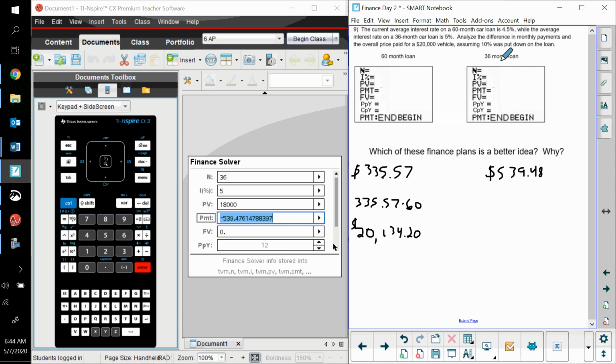And again, on your papers, you can be filling in each of those. So then we'll take that 539.48, multiply it by 36 for the 36 months, and we get 19,421.28.